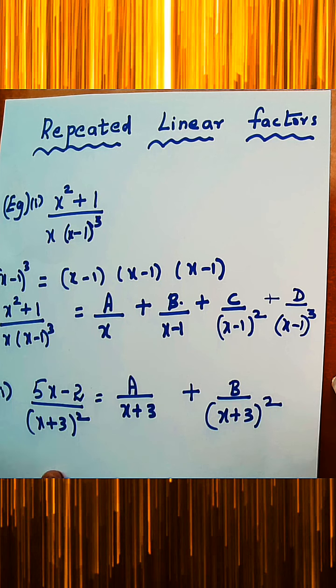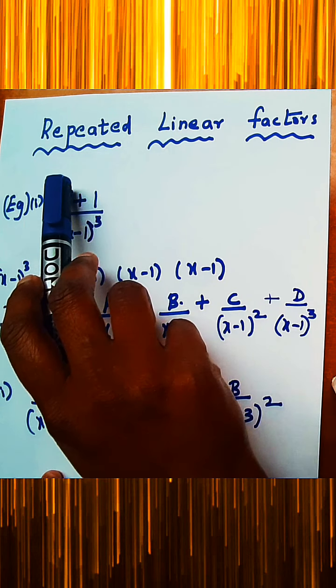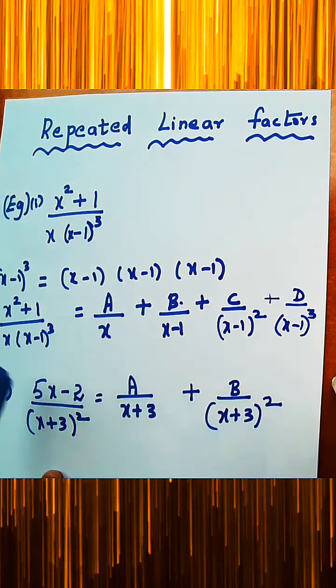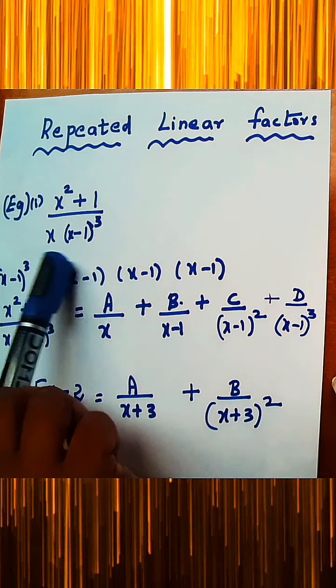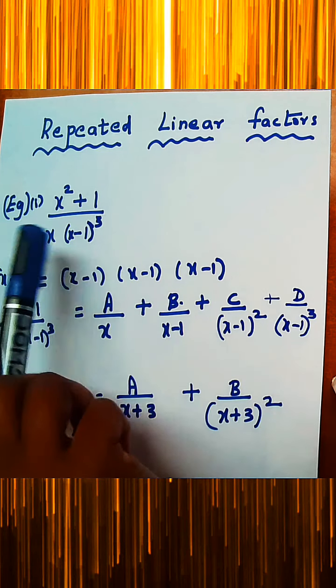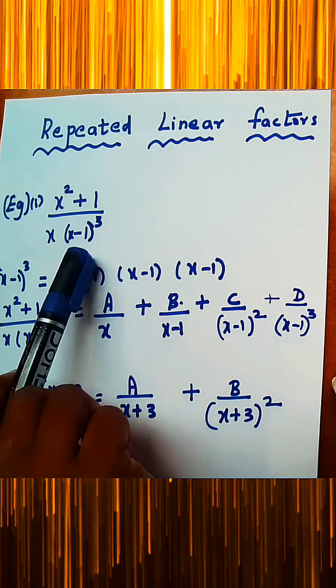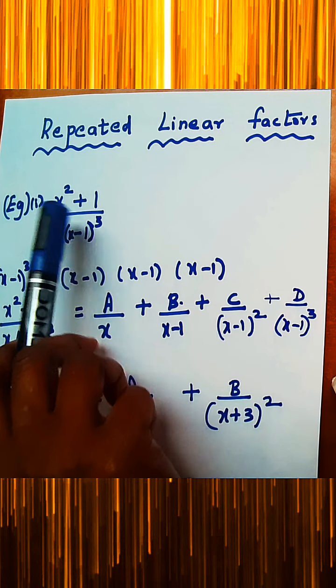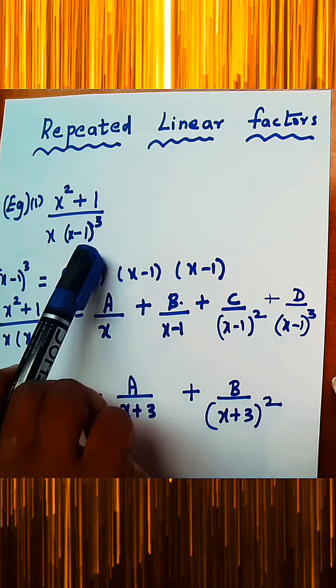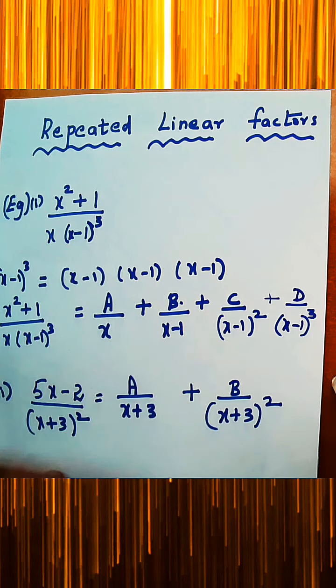In type number 2 we are going to see repeated linear factors. If you take the fraction x square plus 1 divided by x times x minus 1 the whole cube, the numerator power is 2, and the denominator power is 1 plus 3, so it is 4.